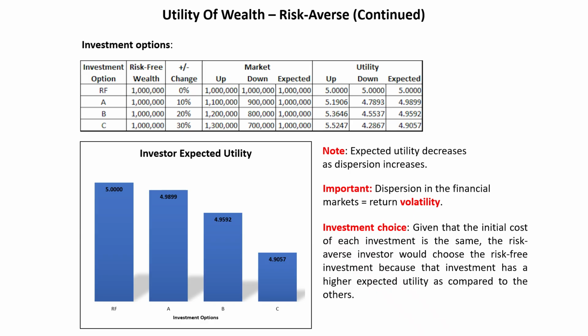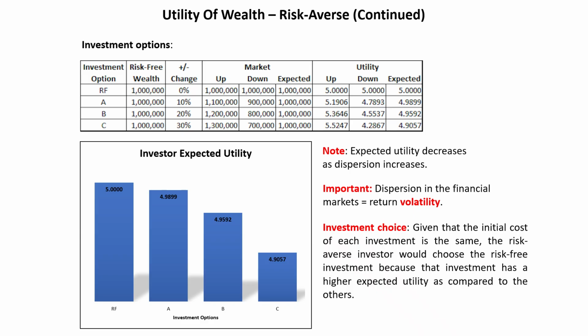So what we're doing here is given the table. That table is exactly the same as the table from the previous slide, but the utility numbers are different. In this case, our expected utility, in that very last column, starts at 5 for the risk-free investment and decreases to 4.9 something, and then decreases again for option B, and again for option C. So from the risk-averse investor's perspective, my expected utility decreases as my dispersion increases.